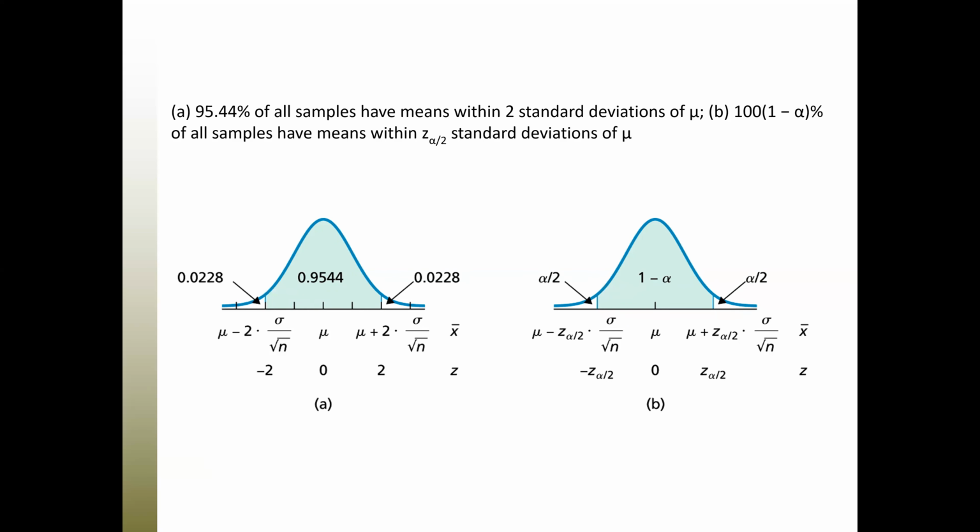Through the central limit theorem, for repeated sampling of a larger sample size, we are able to approximate the sampling distribution of the sample mean by a normal distribution.